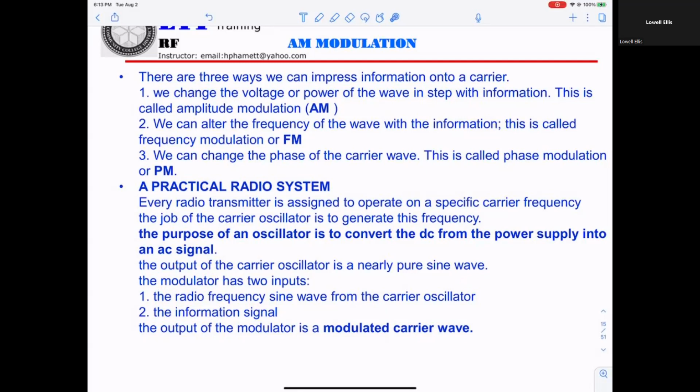Question, Mr. Friend. On the top, it says there are 3 ways we can impress information onto a carrier. From what I understand, the voice signal is riding on top of the carrier wave. No, we're not going into that detail yet.